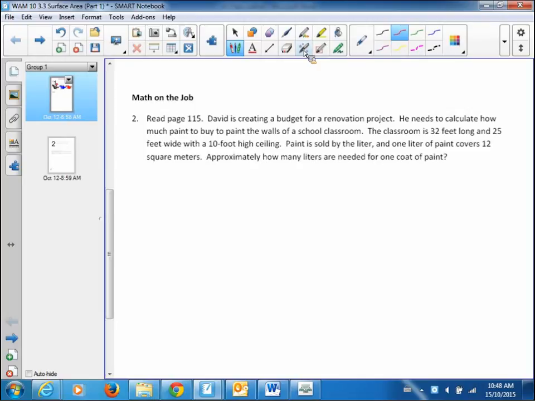Think of this, if the classroom's 32 feet long, 32 feet, it's 10-foot high ceiling, meaning that it's 10 feet this way, up. Now you're going to have 2 walls looking at my classroom. This wall is the 32 feet, and then the other one. You have to find this area twice.